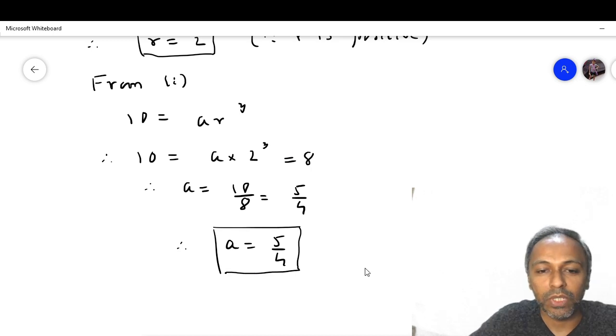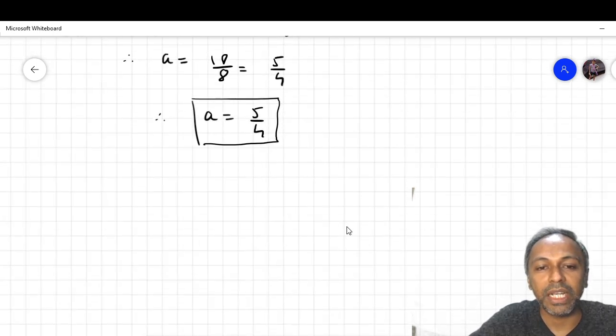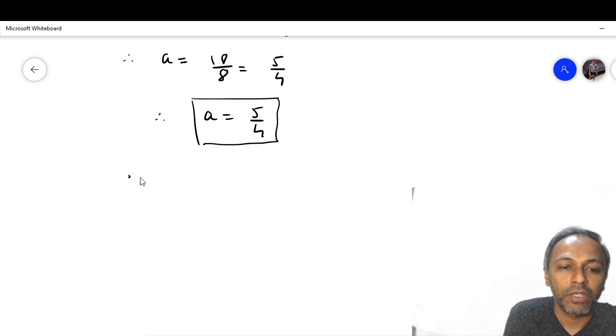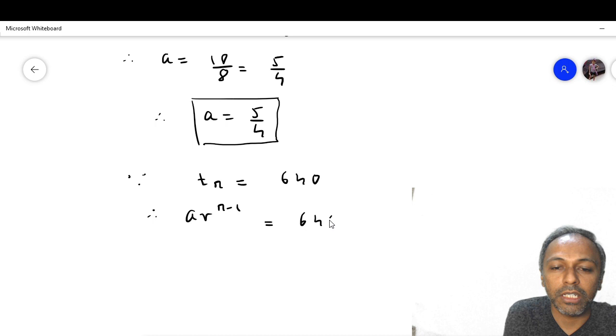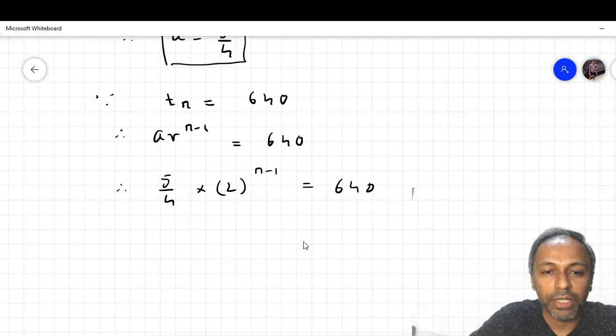Now let's explore the last data. They have said nth term is 640. So since Tn is equal to 640, therefore AR raised to N minus 1 can be written instead of Tn is equal to 640. But A is 5 upon 4, R is positive 2, raised to N minus 1 equal to 640. Let's evaluate.